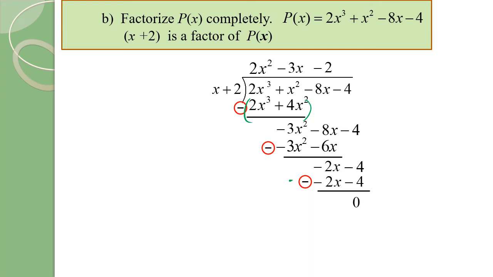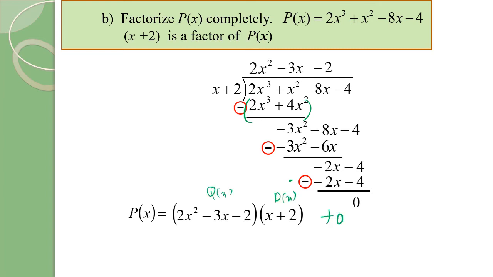It should be 0. It cannot be other numbers. It should be 0 because it's a factor. So P(x) can be written as x plus 2 multiplied by 2x squared minus 3x minus 2. So this is the quotient, this is the divisor, and we have remainder 0. So we don't have to write the plus 0.